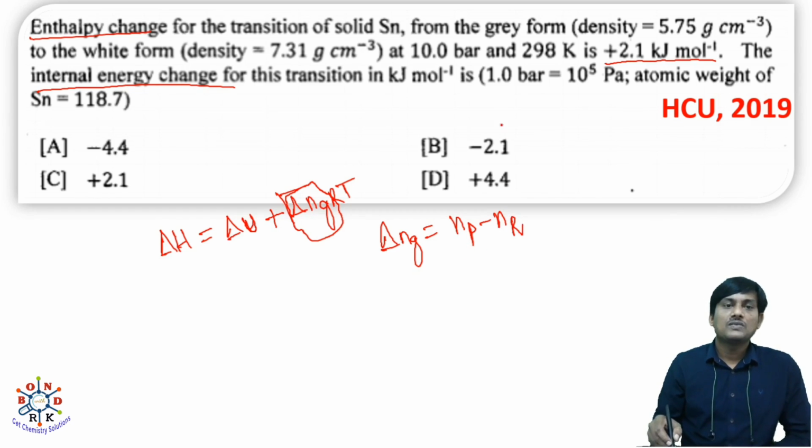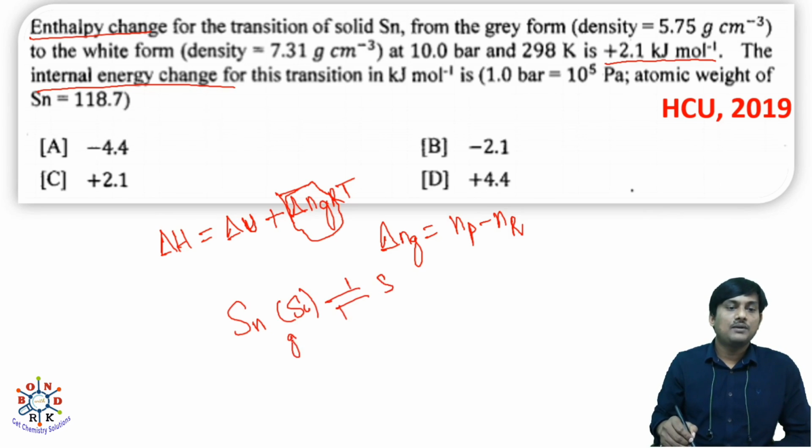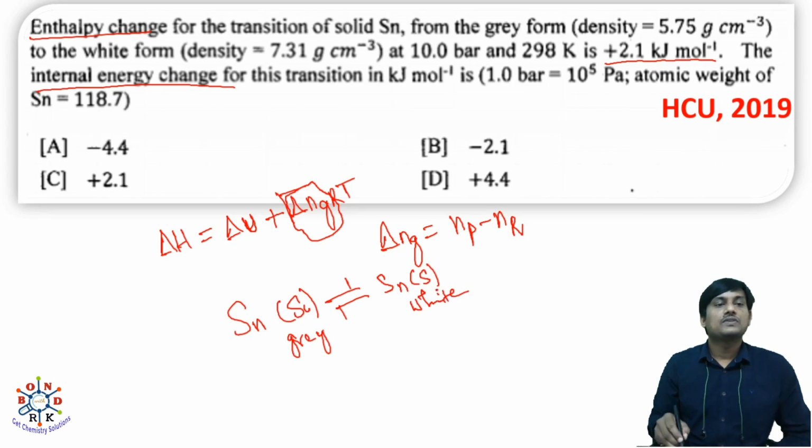Suppose you take this conversion: tin, solid form, is converted into gray form. This is the gray form, solid, and the tin again you are converting into solid, white. So here there is no involvement of gaseous molecules. On reactant side you have solid, on product side you have solid.